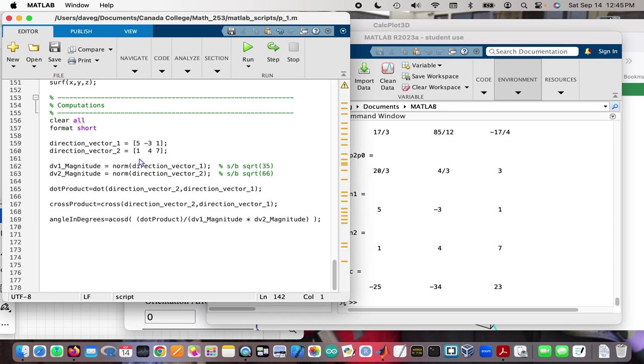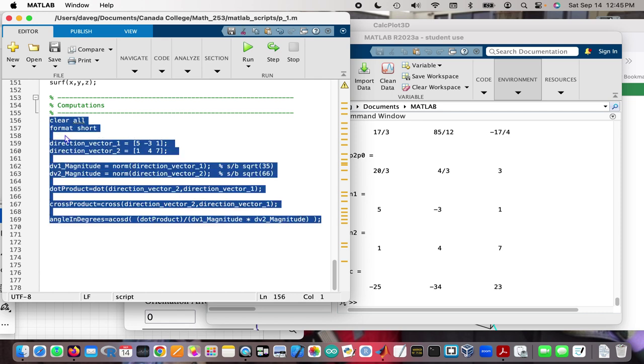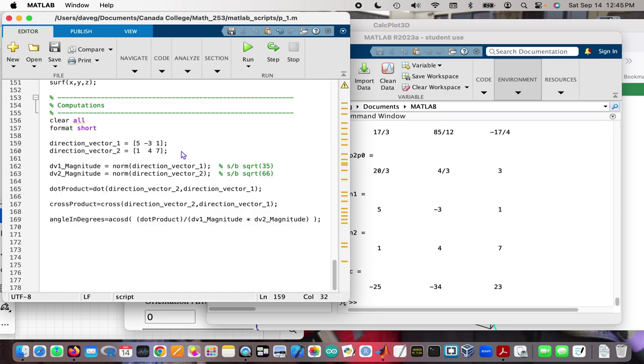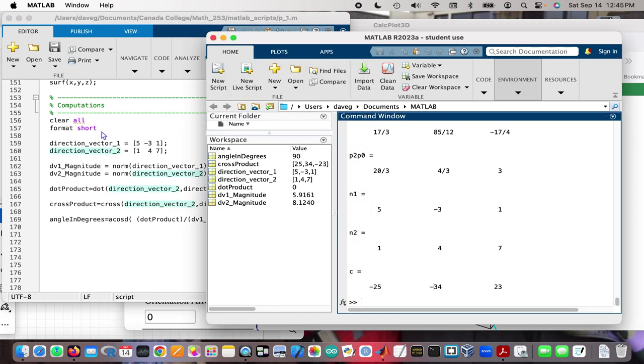Looking at the script for computing the variables needed to answer these questions, the first two commands that say direction vector equals just make direction vectors from the x, y, z coefficients of the two planes. I can type these commands into the command window, I could copy and paste them over, or I can just run this script, all producing the same result.